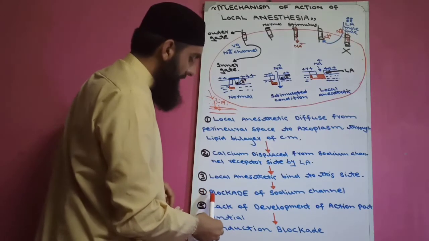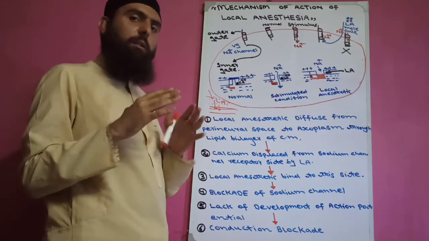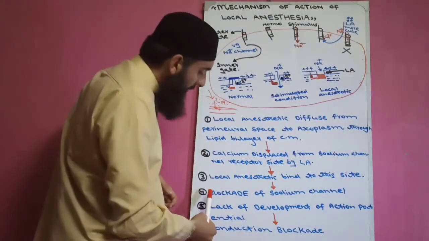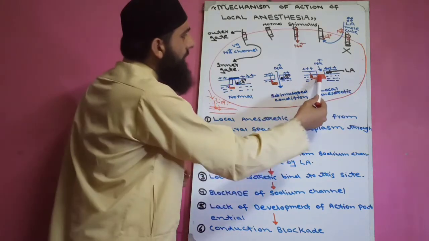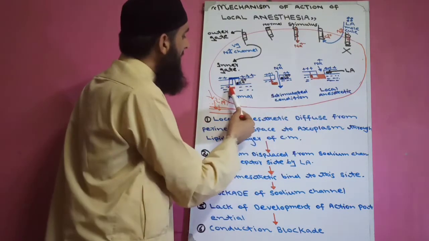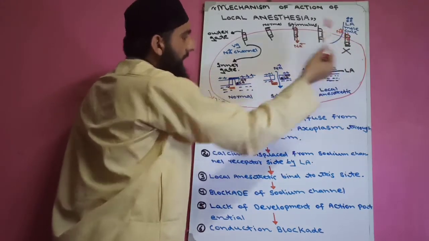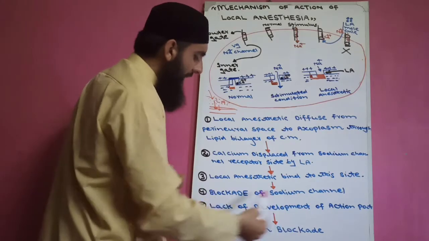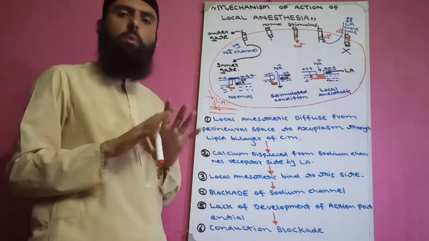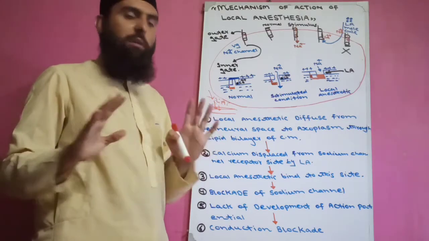Now come to the fourth step. When the local anesthetic attaches to this receptor, what does it do? In the fourth step, there is blockade of the sodium channel, meaning closing of the inner gate. When the sodium channel is blocked, in the fifth step there is lack of development of action potential, because there is no depolarization.